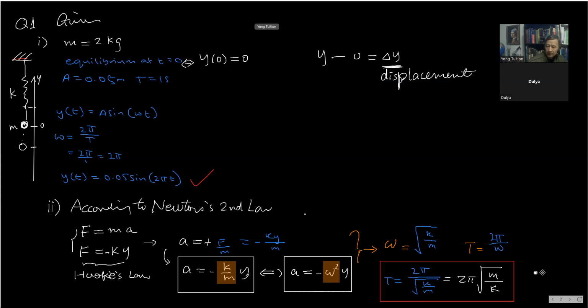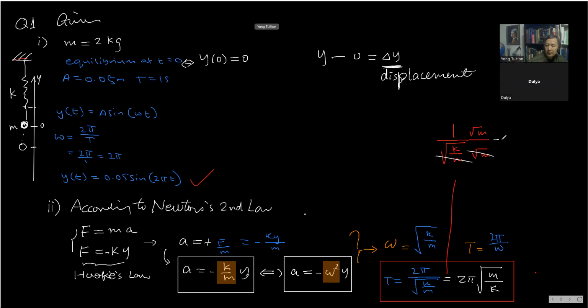How do we get M over K? Oh, we just rearrange that. That's algebra. Did you see that? So we have 1 over root K over M, right? If you just multiply square root M on both numerator and denominator, then we can cancel this M, can you see?